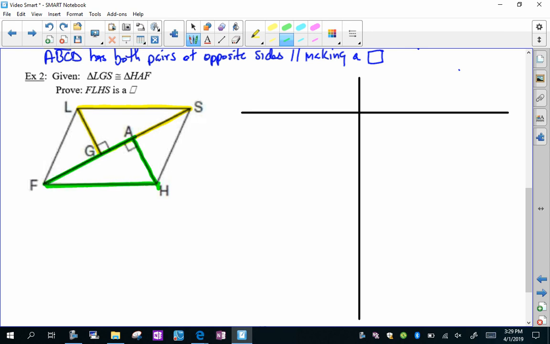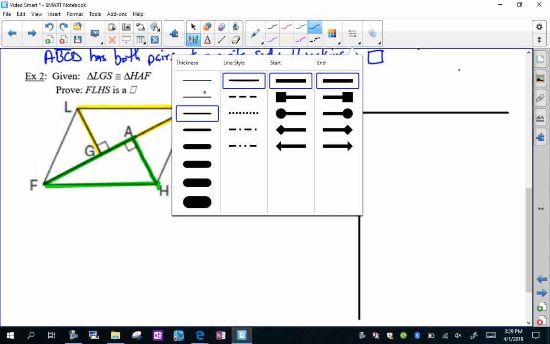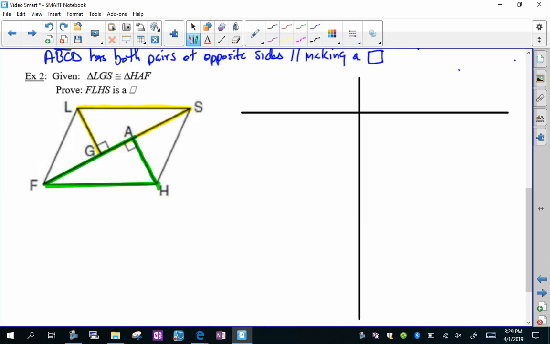That's given to me already, and what I have to do is prove that FLHS is a parallelogram. Now this one is not that bad. I have my statements and reasons set up, so let me get back to pen, and while you're setting up your statements and reasons, or you're getting ready to flow it out, whichever you prefer.